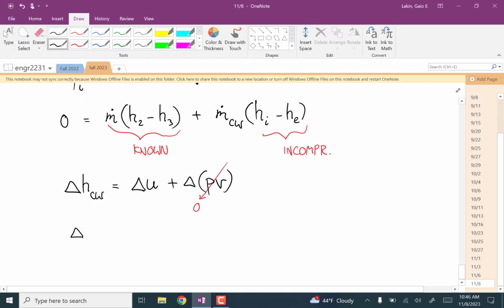So the change in specific enthalpy of the cooling water is equal to the specific heat of the cooling water times the change in temperature.